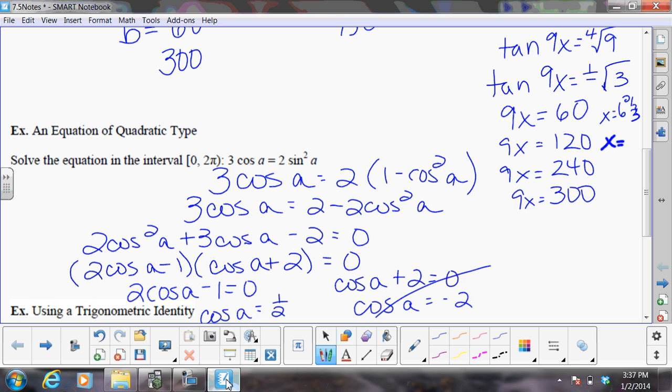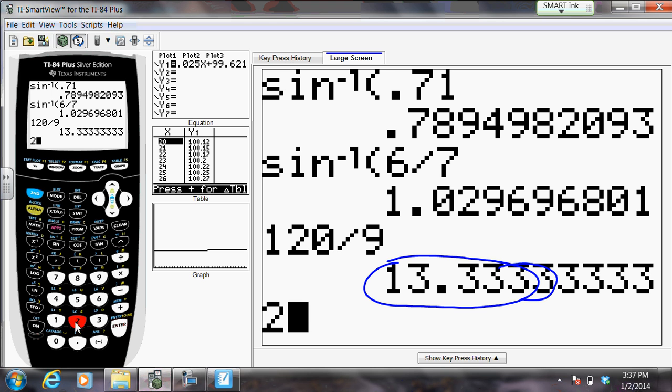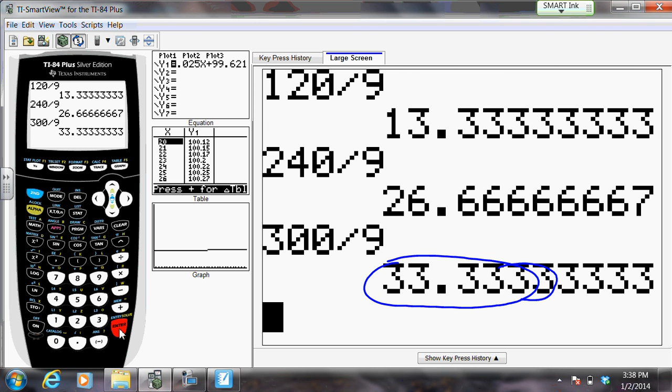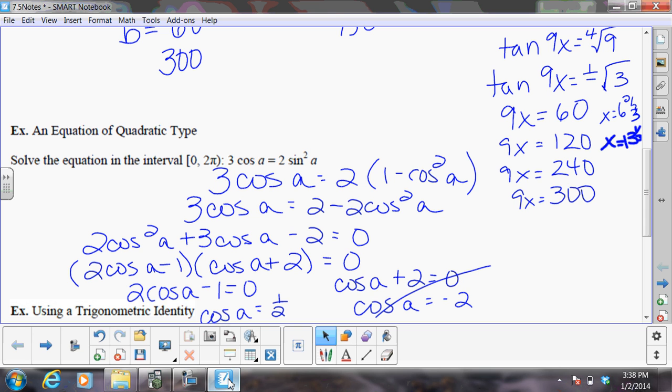I knew it was going to change. 13 1/3. 240 divided by 9. And 300 divided by 9. Oh, one too many 3s there. So we're looking at 26 2/3 and 33 1/3. That doesn't seem right.